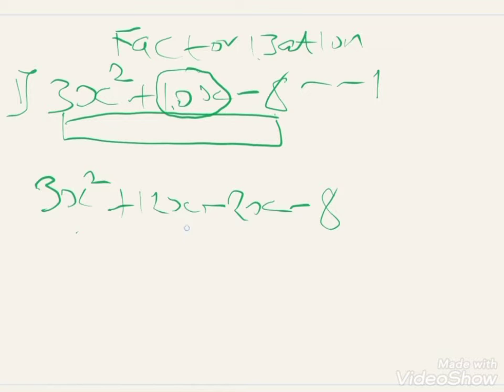So this makes me have 4 terms in the expression instead of 3 terms. The two expressions are still the same, they are still trinomial or polynomial expression, because these two here are still 10x, okay?